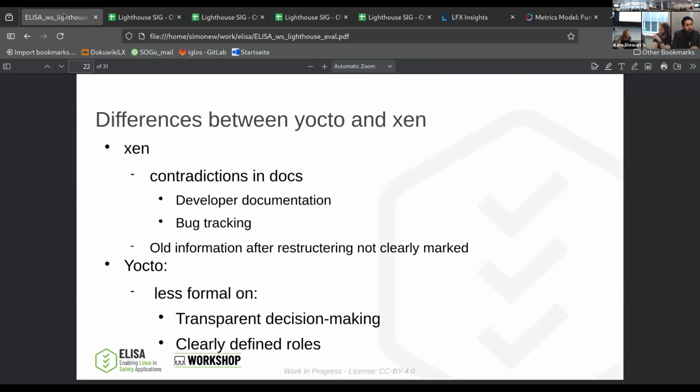This is an interesting point. I mean, when you show the differences, and also like you have been part of the Yocto community, Xen was new to you, or you know Yocto, you're in the documentation. So do you think that this impacts the way you assess? The point could be just, okay, Xen is completely new for me, so I will just start Googling something, while for Yocto I know where the things are, so I will not search for it, but I just go to it.